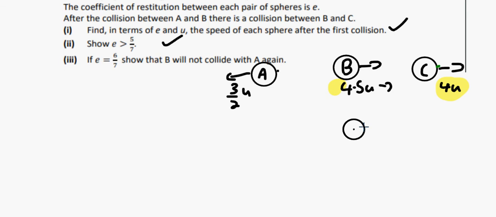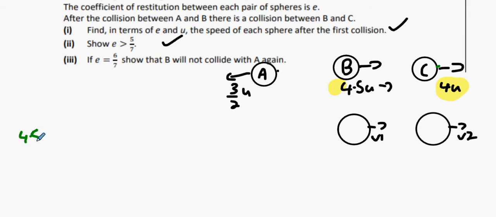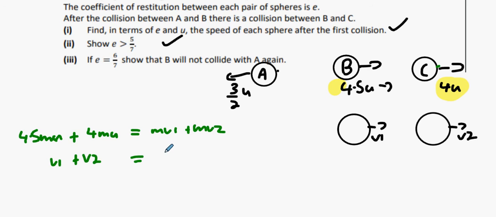Conservation of momentum: 4.5 MU plus 4MU equals MV1 plus MV2. This implies that V1 plus V2 is 8.5U.